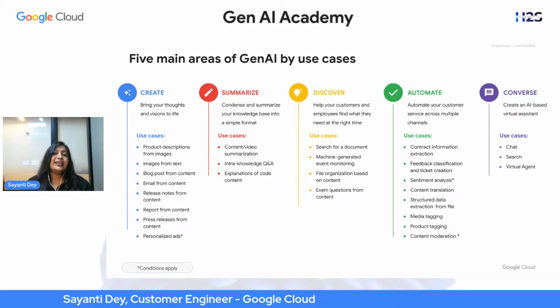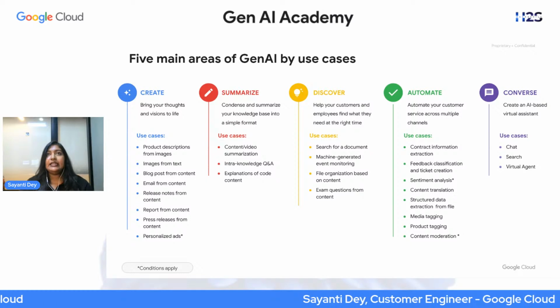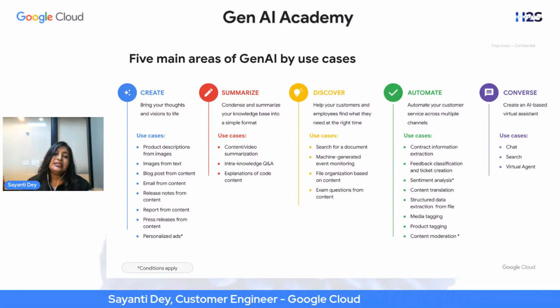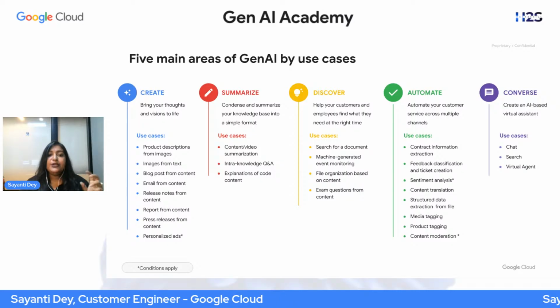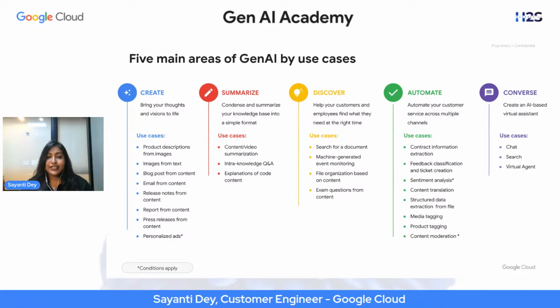That's where Gen AI can help you as well. In Vertex AI, you would be able to find something called the prompt gallery that I will show you in a bit, where you can see many such examples with the prompts as well as the use cases. So the scope of Gen AI and its applications is huge.